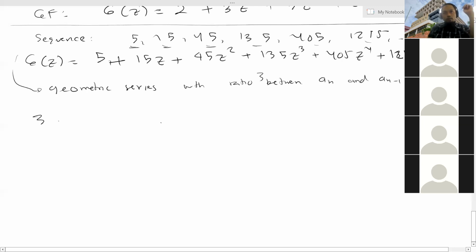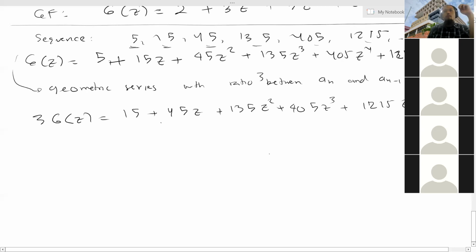So for example, 3 times G(z) gives us 15 plus 45z plus 135z squared plus 405z cubed, and so on.